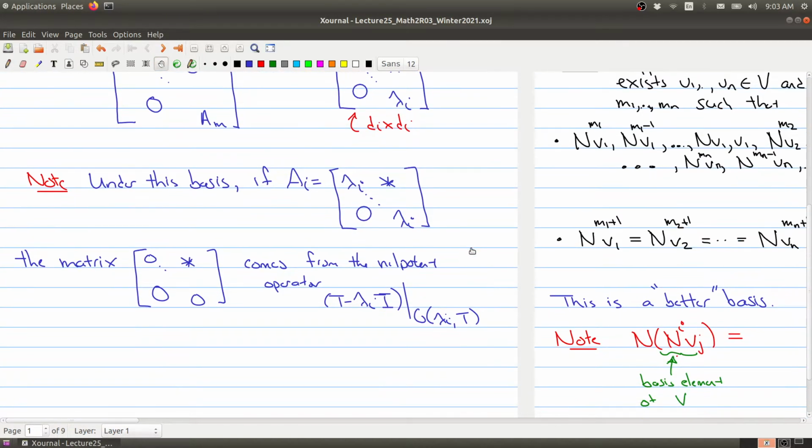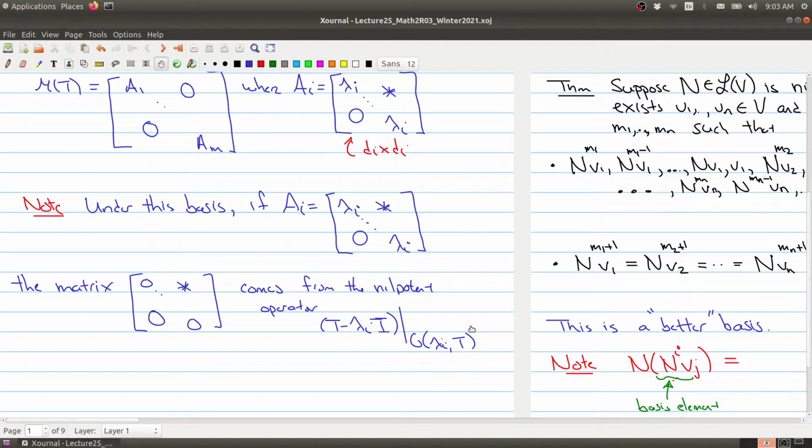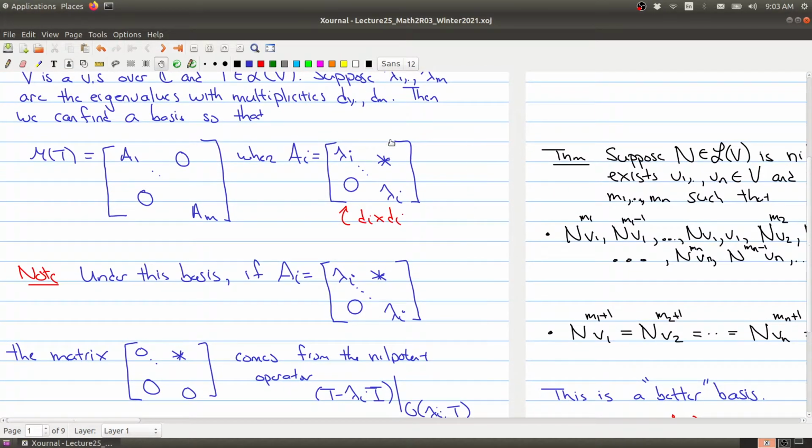So in order to improve this result, to clean up all of this extra stuff, what we need to understand is whether we can improve nilpotent operators. This is coming from a result about nilpotent operators.